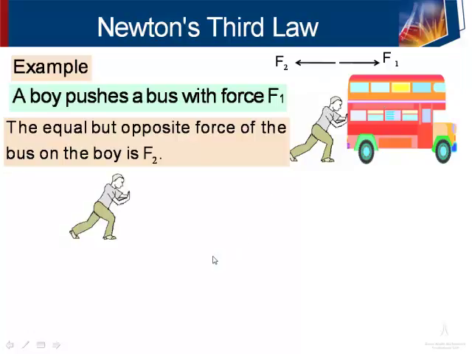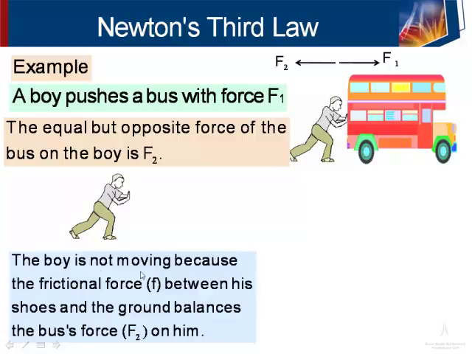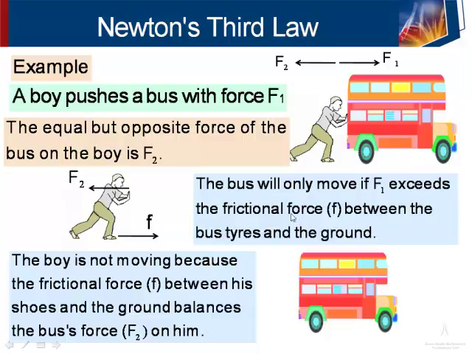Now let us consider the motion. The boy is not moving because the frictional force F between his shoes and the ground balances the bus's force on him. And therefore the bus will only move if the force F1 that the boy is applying exceeds the frictional force between the bus's tires and the ground.